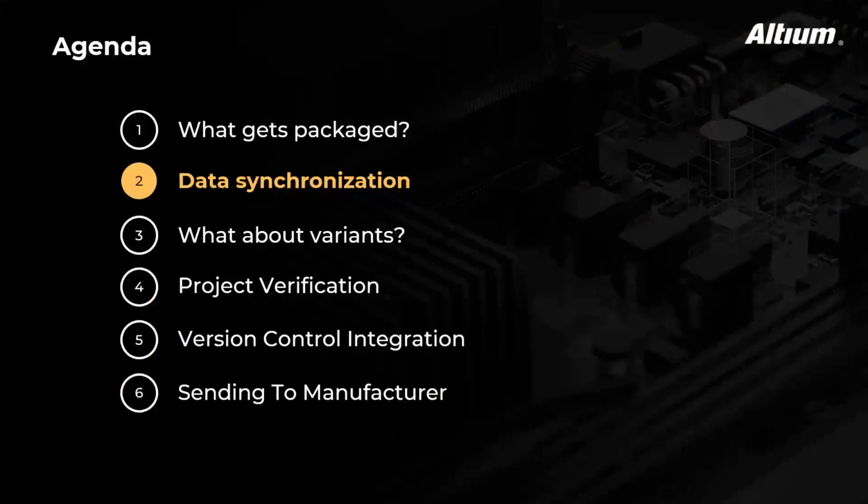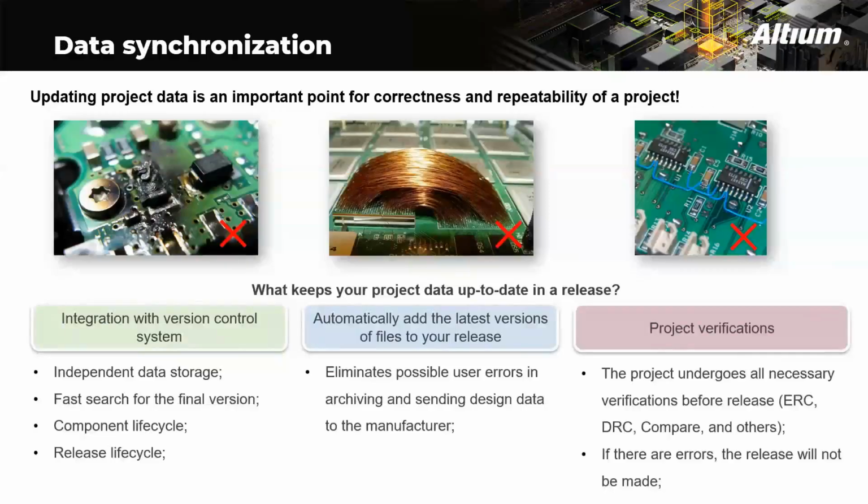Now let us have a look at the data synchronization. One of the biggest and most common problems manufacturers face when producing a PCB is a mismatch of data between the documentation, schematics, and board layout, or any combination of the three. So making sure that the information you send out is up to date and of the same revision is critical. It's not just a mismatch of information, but also we don't want to send out the wrong files for production.